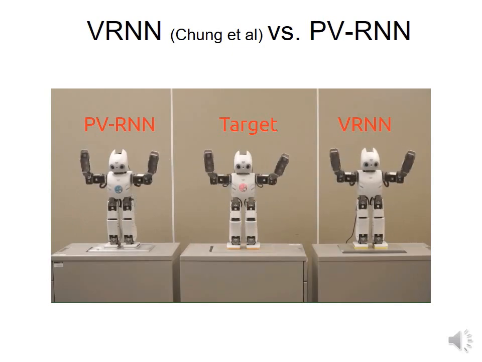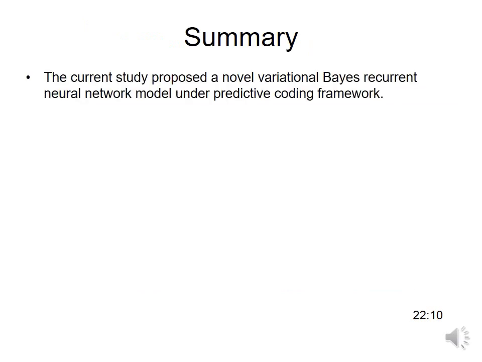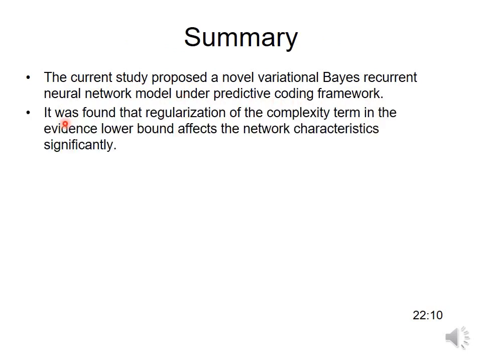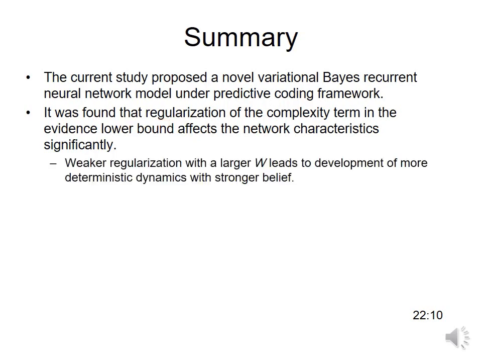Now I'd like to show the summary of the current study. The current study proposed a novel variational-based recurrent neural network model under the predictive coding framework. It was found that the regularization of the complexity term in the evidence lower bound affects the network characteristics very significantly. A weaker regularization with a larger W leads to the development of more deterministic dynamics with a stronger belief.